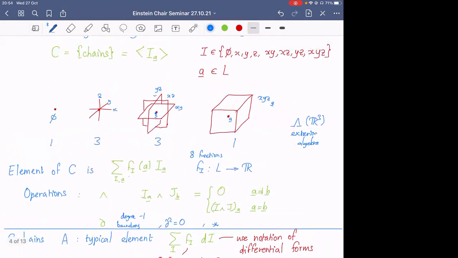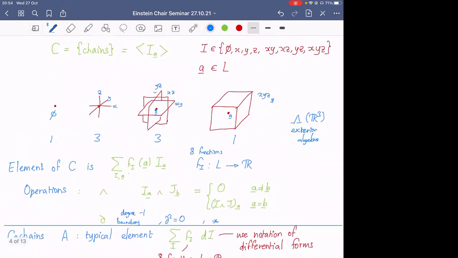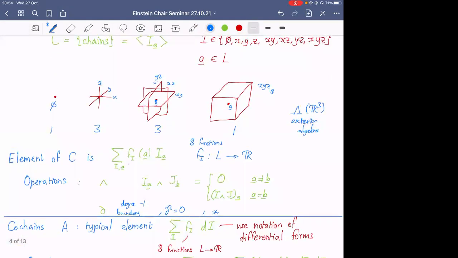So that was chains. Cochains are actually the dual. Cochains will be defined as functions on elemental cells. A typical element in the cochain space will be given like so.